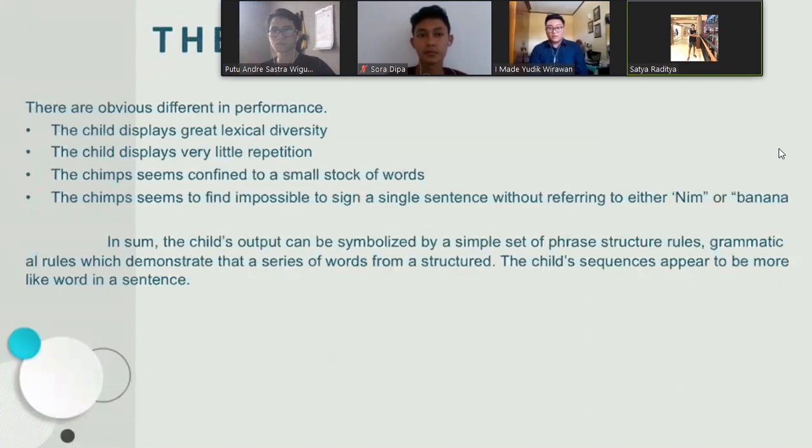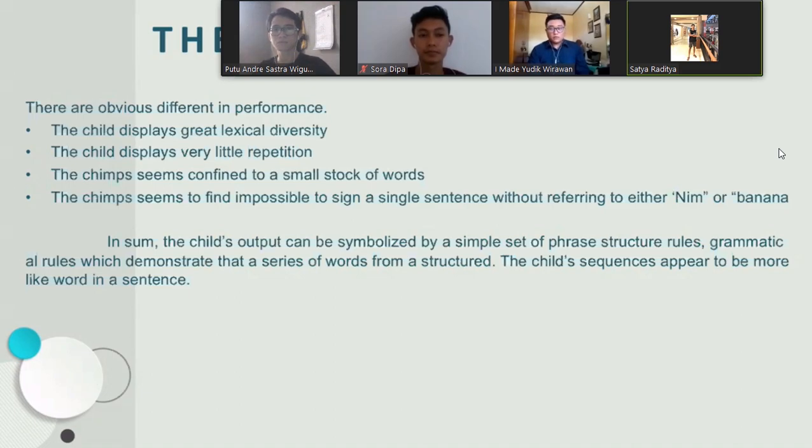Both of them have obvious differences in performance. The first is that the child displays great lexical diversity, and the second, the child displays very little repetition. And for Chim's theory, Chim is confined to a small stock of words, and it seemed impossible to find signs in single sentences without referring to either name or banana.